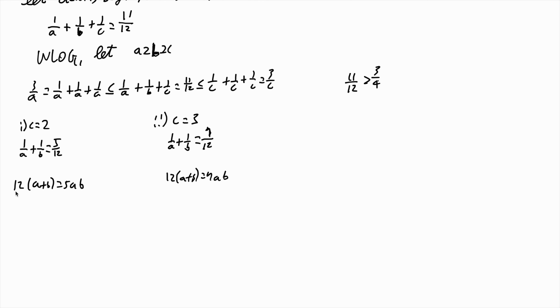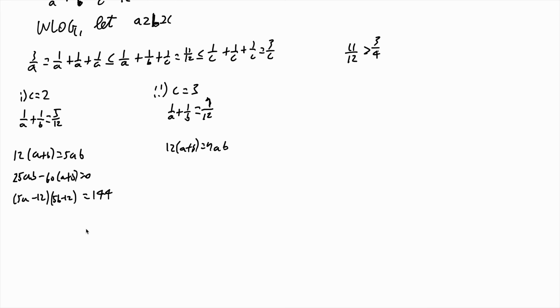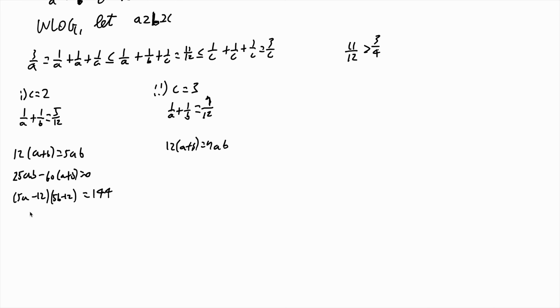Let's use Simon's favorite factoring trick. So we have 5a minus 12 and 5b minus 12 equals 144. And I'm quite lazy, but we need to do it.